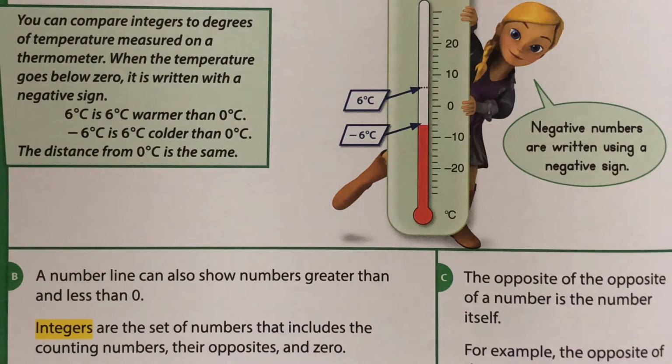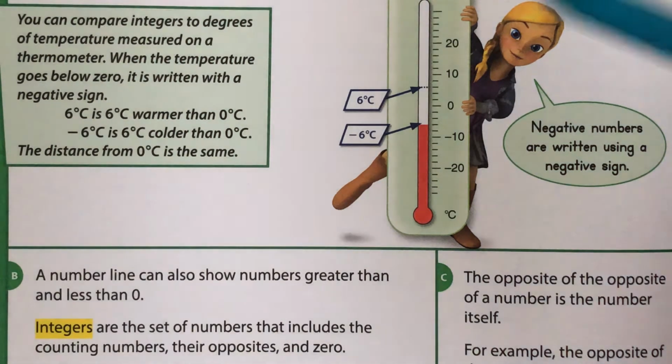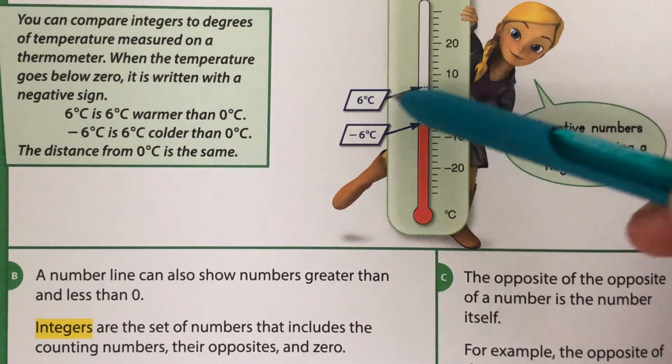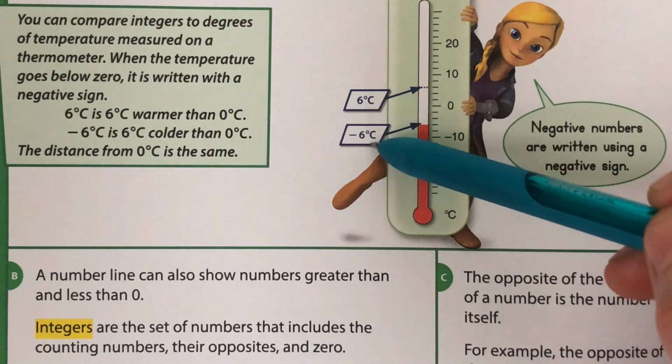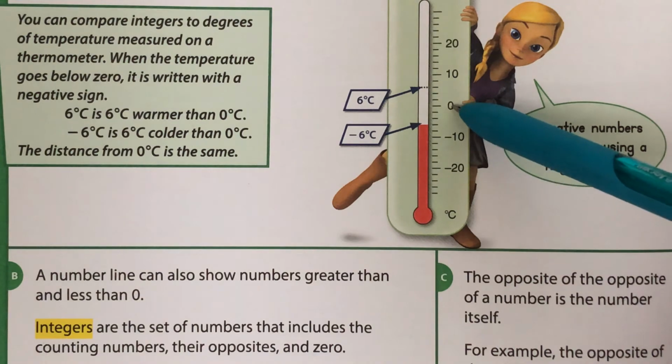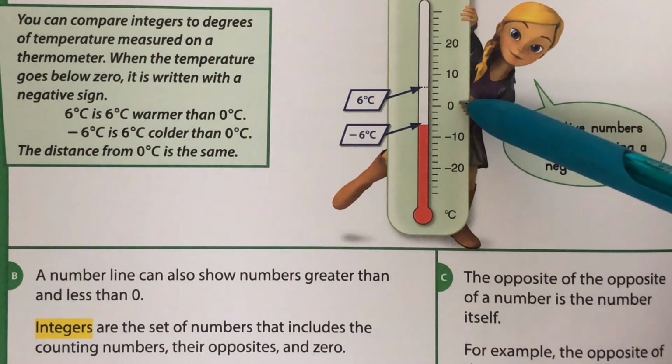So now you know about negative numbers, opposites, and counting numbers. Let's go over the definition of an integer. Integers are the set of numbers that include counting numbers, their opposites, and 0. So 6 is a counting number, its opposite is negative 6, and 0 is also an integer.